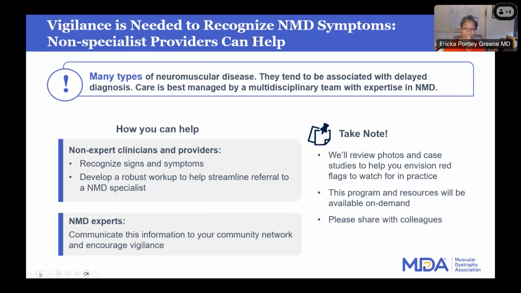We're going to have some photos, since a picture is worth 1,000 words, and a couple of case studies to really apply the knowledge and envision how you would use these red flags. We have some resources at the end for you, and we encourage you to share with your colleagues.